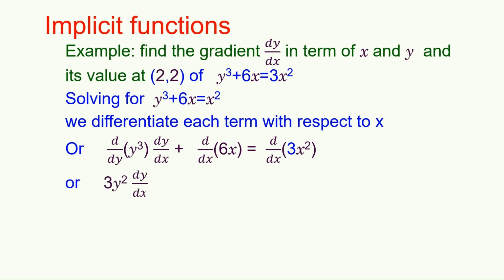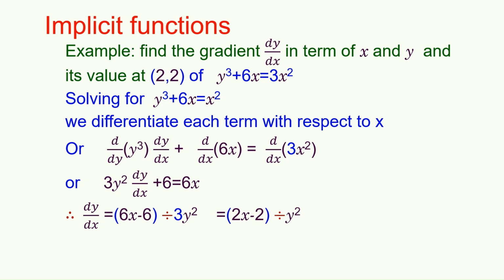Or 3y squared dy/dx plus 6 equals 6x. Therefore dy/dx equals (6x minus 6) divided by 3y squared, and the gradient at (2, 2) is dy/dx equals 1/2.